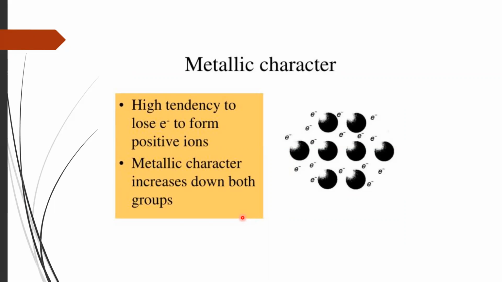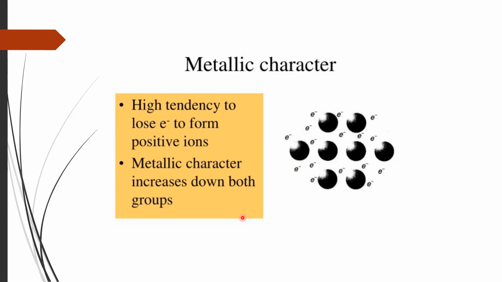Now, as we are moving down, why will the metallic character increase down the group? As we are moving down the group from top to bottom, the atomic number increases, which increases the number of atomic shells in a group, and hence the atomic size of a particular element increases as we move down the group, due to which the nuclear force of attraction between the valence shell electron and nucleus decreases.